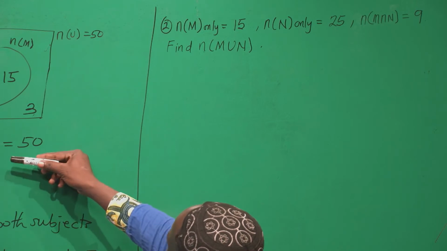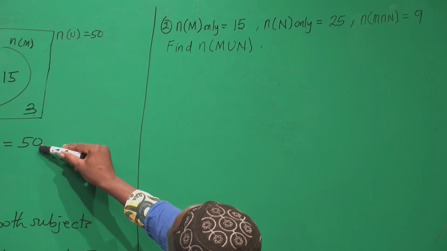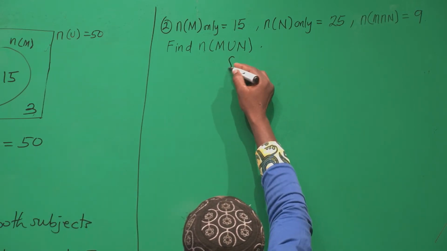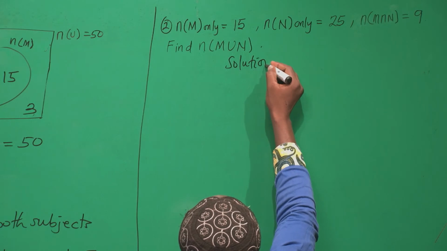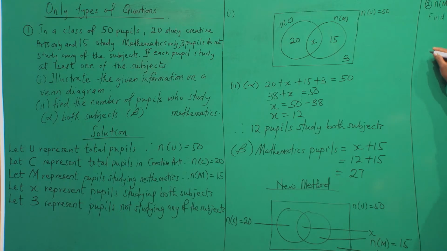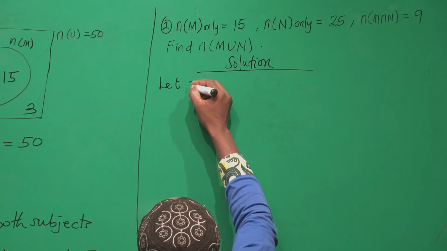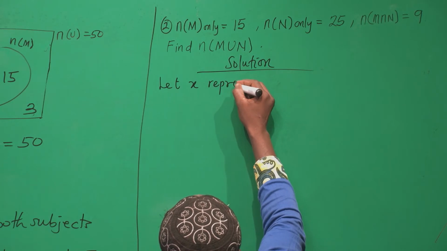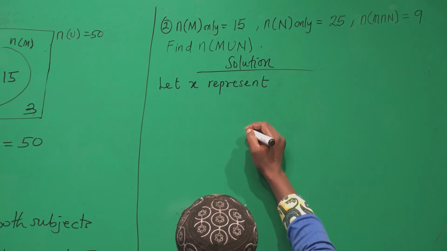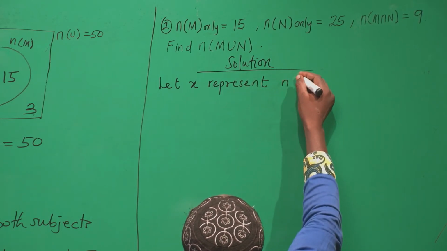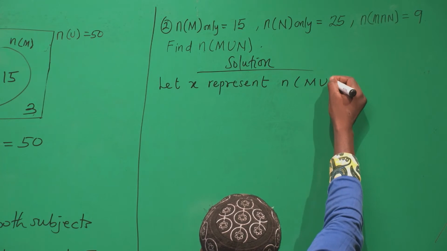So this is how to solve it, we are now looking for this. So a good student, when solving, will write let X represent N of M union N.